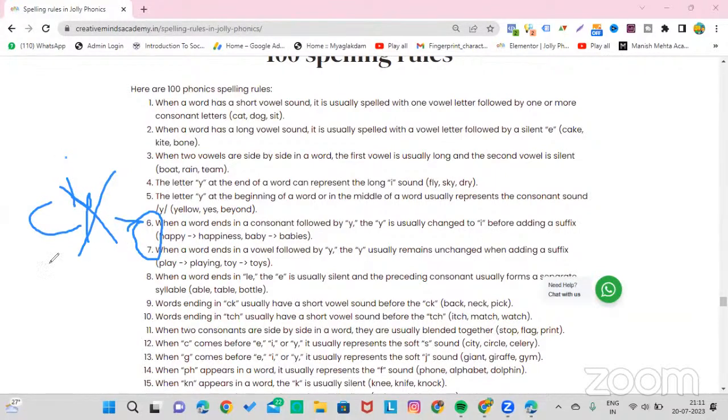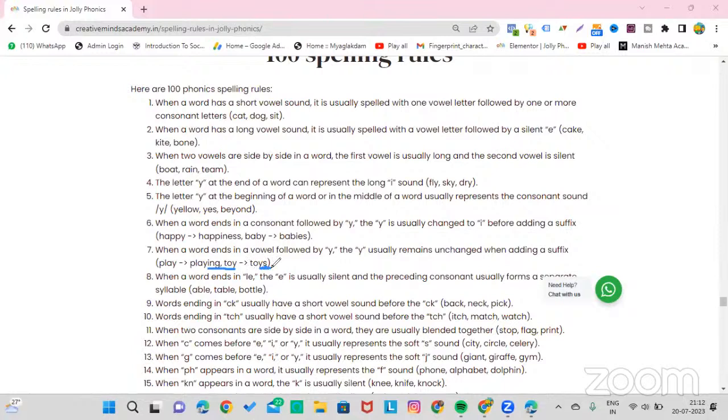But in the seventh point, if instead of a consonant we have a vowel, and after the vowel you have Y, then you simply add the suffix without removing Y. Because this becomes a vowel team and you cannot separate the vowel team. So Y will be there and the suffix will come as it is, whether it is ing, or only S.